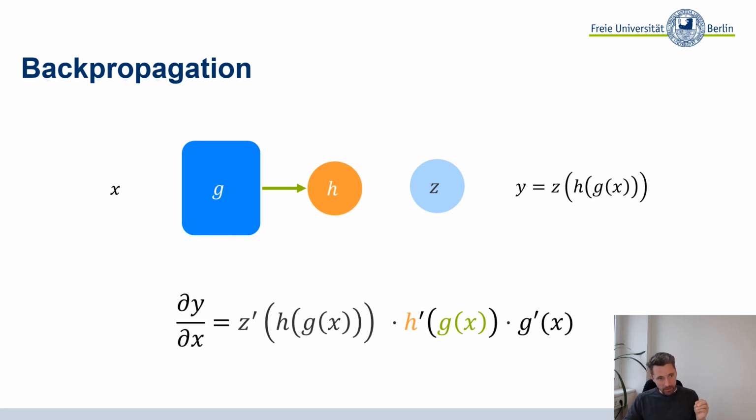So whatever number entered here will be put into the equation for the derivative, and then we just multiply everything step by step until we reach the output, and then that's our derivative, our gradient.